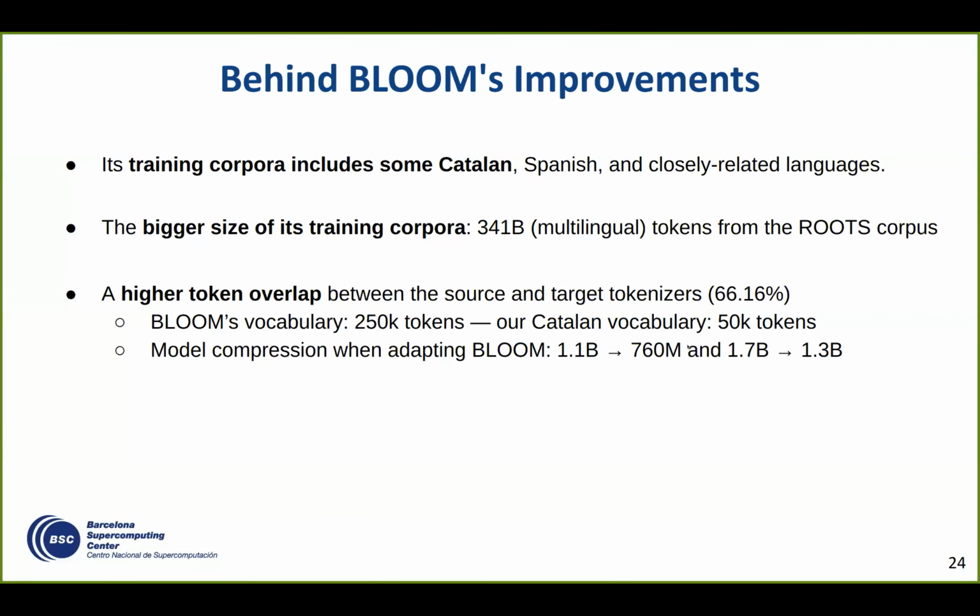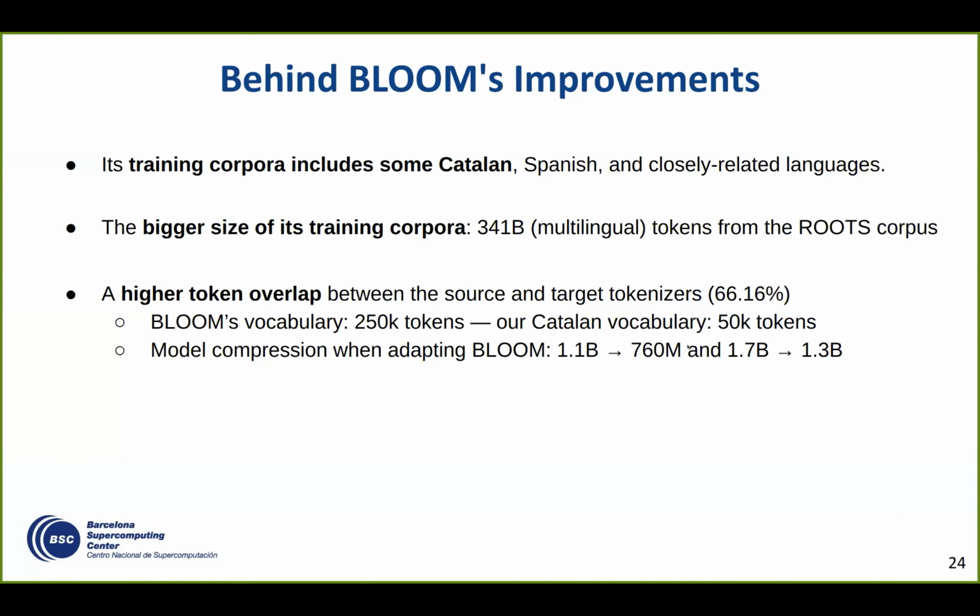If we try to think about what's behind Bloom's improvements, we can think of at least these points here. First, as we said, its training corpora include some Catalan and some closely related languages, but also its training corpora is huge, which could be an important factor also.